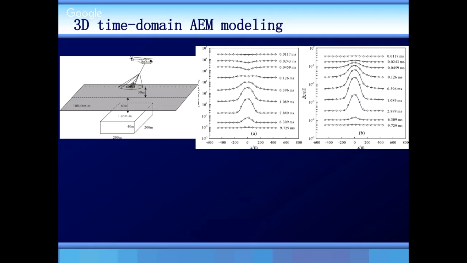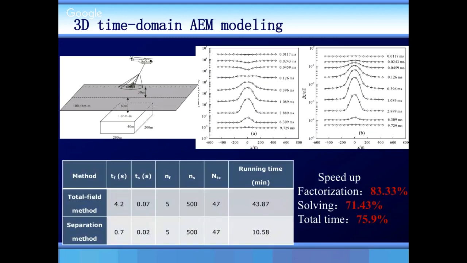I compared the speed, and we can see the field separation method is much faster than the total field method, and the total time is about 75% less. It means if the total field method costs 1 hour, maybe the field separation method just needs 15 minutes.